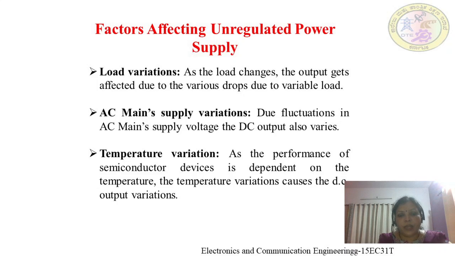So when the load draws more current, what happens if the DC power is delivered from an unregulated power supply? The load is drawing more current from the unregulated supply, and the DC energy delivered decreases.